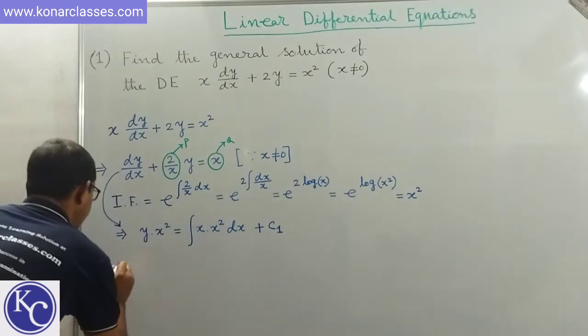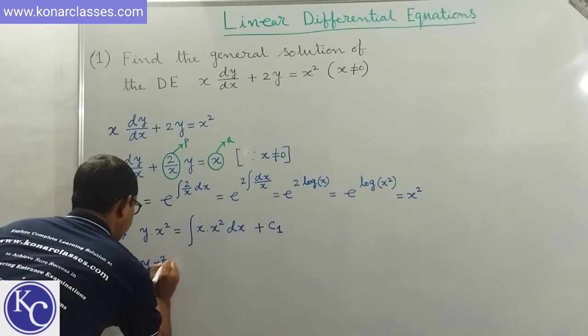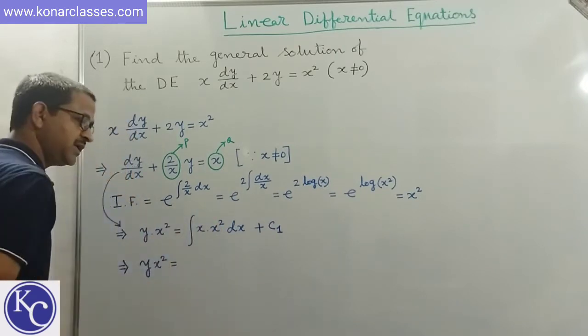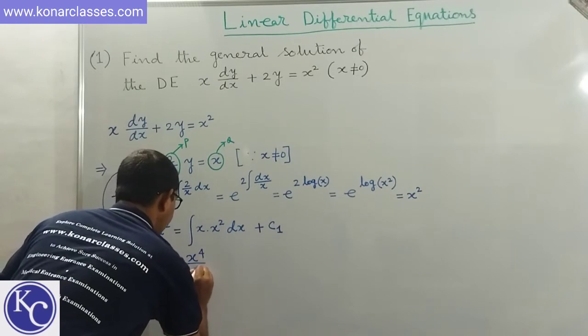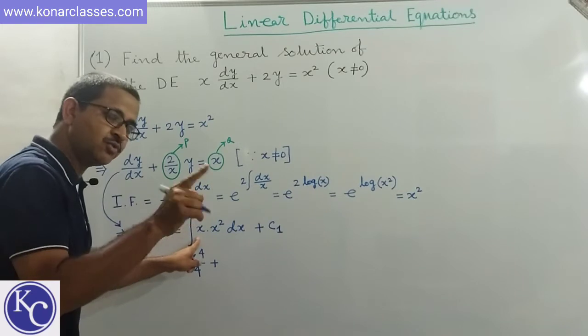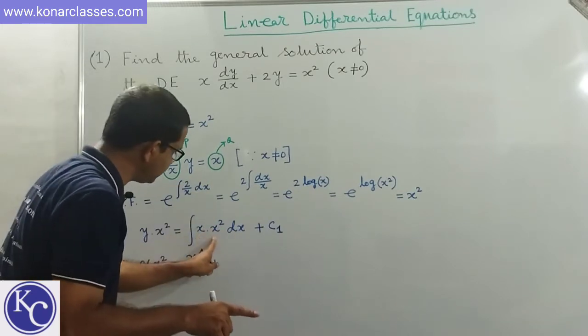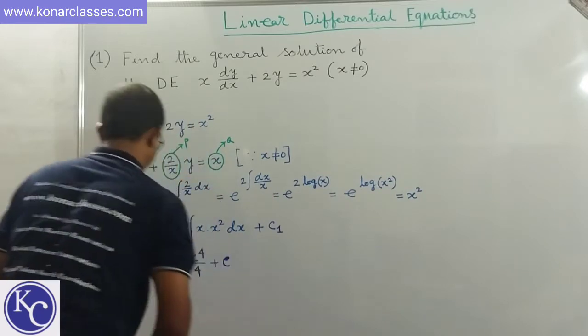Okay, so from here what we get, dear students, this implies y x square is equal to integration x cube dx, that is equal to x to the power 4 divided by 4 plus, because of this indefinite integration we will get one integrating constant, so that integrating constant added with c1 to get a new integrating constant called c.